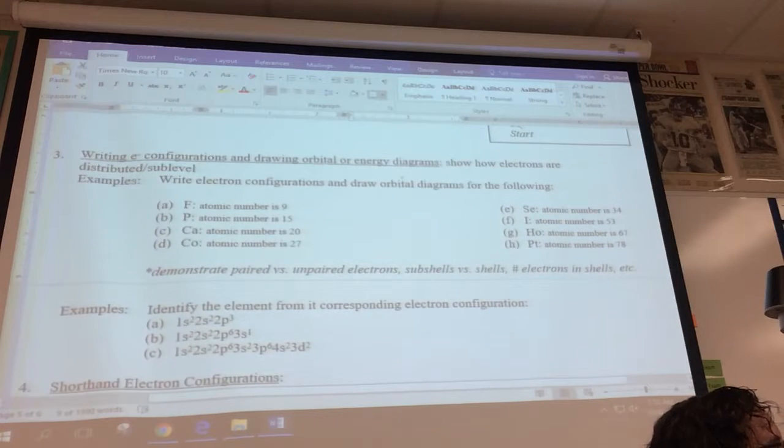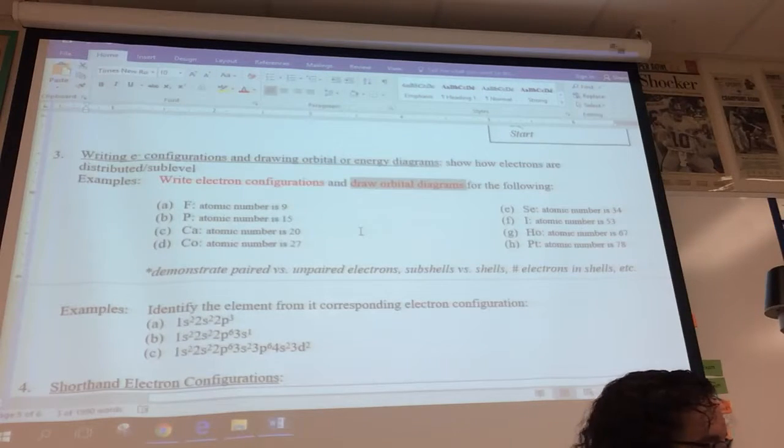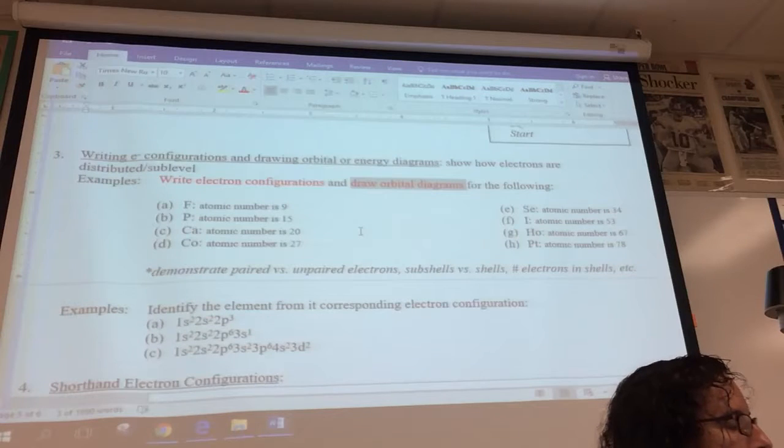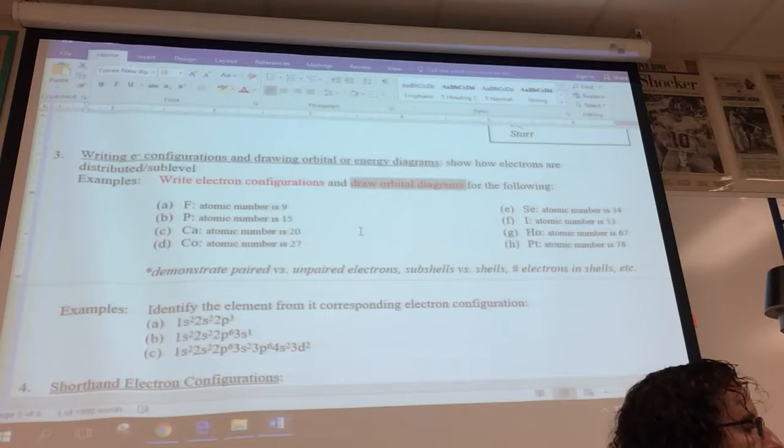In your notes, it says we want to write electron configs and draw orbital or energy diagrams, and this will show how electrons are distributed within a sublevel. We're going to write electron configurations, and we're going to draw orbital diagrams for most of the elements listed here. We'll do as much as you need. If you need more, we'll do more.